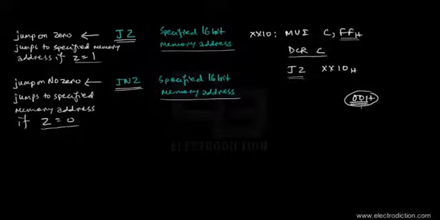Whenever it is equal to 00H, at that very moment the jump instruction monitors this condition and sends the program control to the location XX10H, where the MVI C command is present, where the C register is again loaded with the data byte FFH.